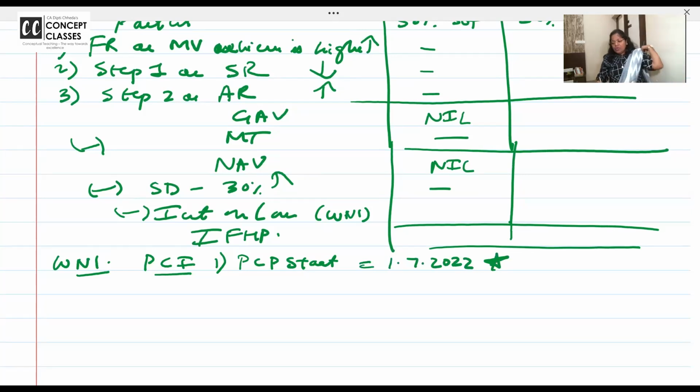Star mark it, it's a googly. Don't just copy from the screen. Go and read the second line of the problem. B started construction in April, and in the last line, B availed the loan on 1st July 22, whichever is later.